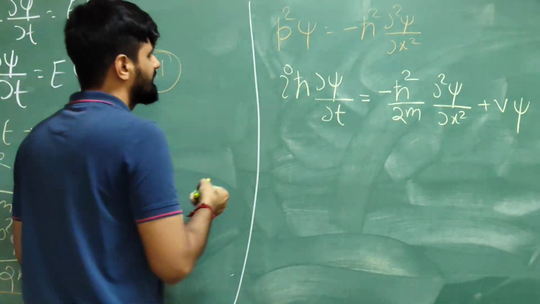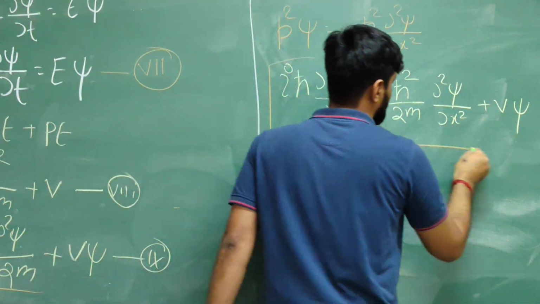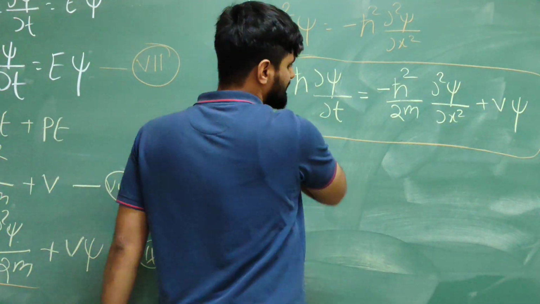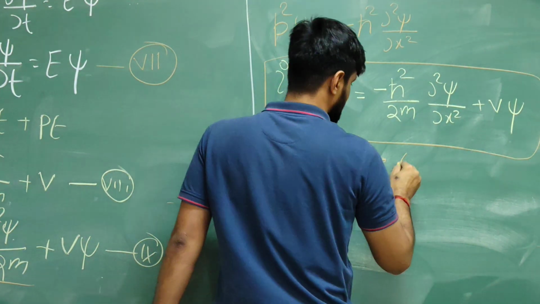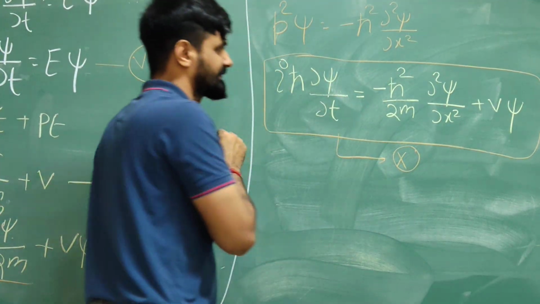So now we are able to derive the Schrodinger equation that I have already written earlier. So this is called the Schrodinger equation. Let's say I am assuming this one is equation 10, right?